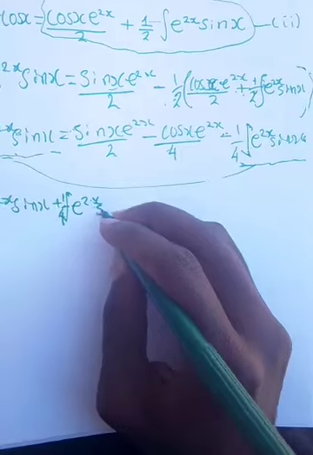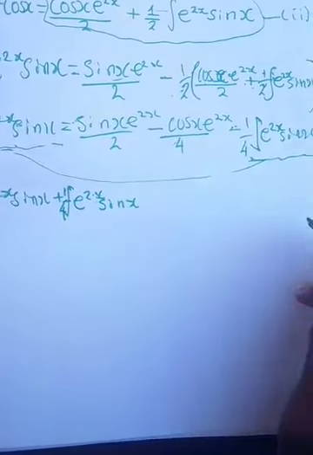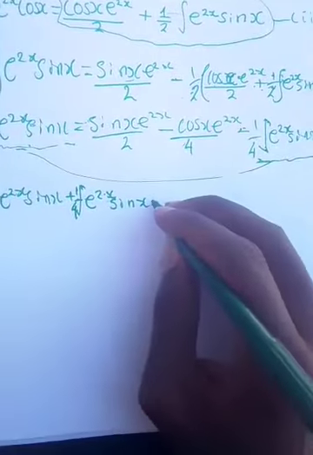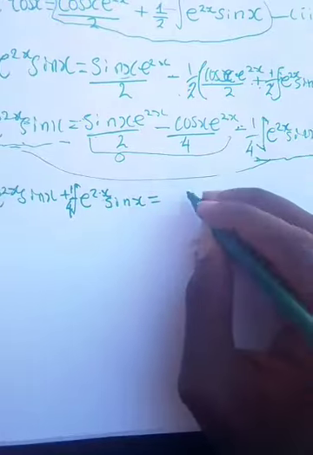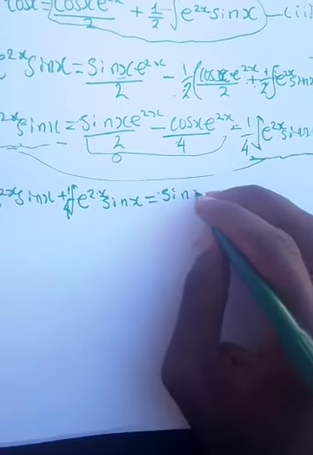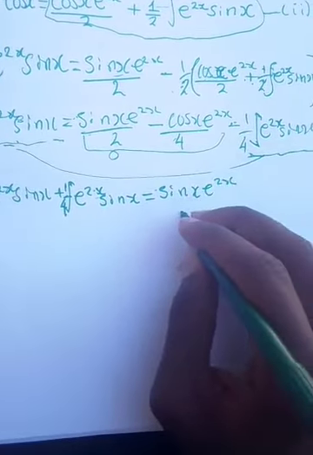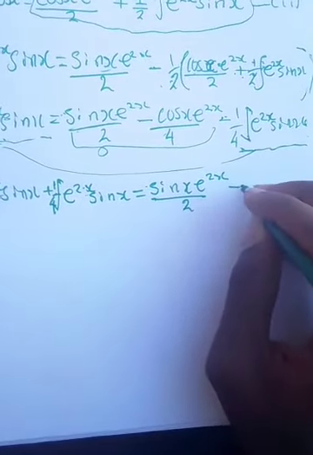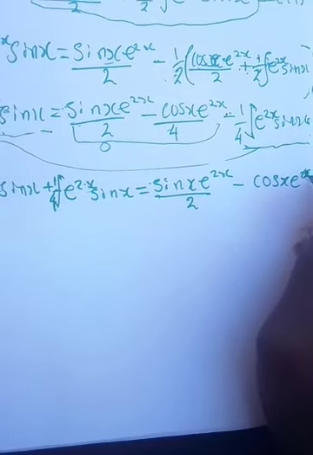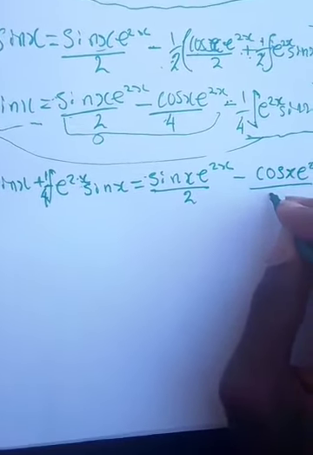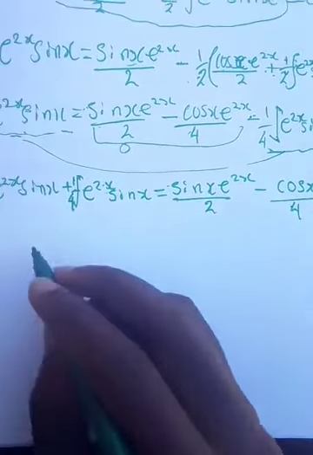I've just taken it on the other side, on the left hand side. Now I've just remained with these. So now it's going to be sin x e^(2x) over 2 minus cos x e^(2x) over 4.